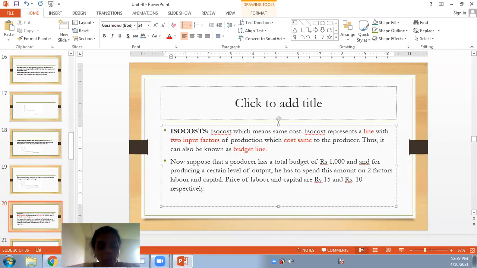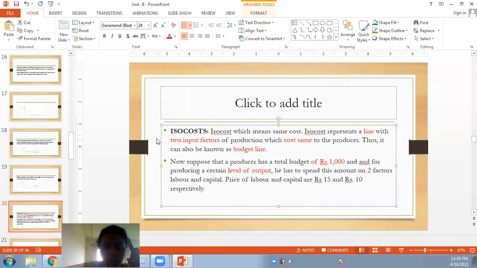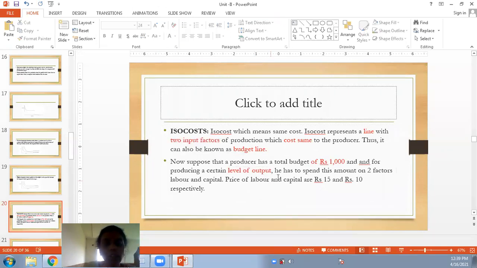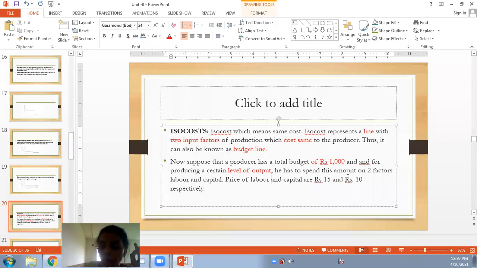Now, suppose a producer has a total budget of 1000 rupees for producing a certain level of output. He has only 1000 rupees with him. He needs to achieve a level of output by spending that amount on two factors of production.